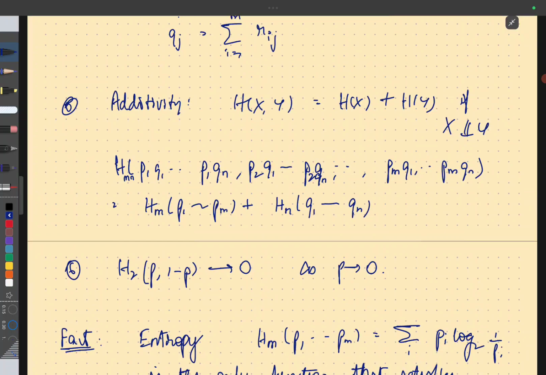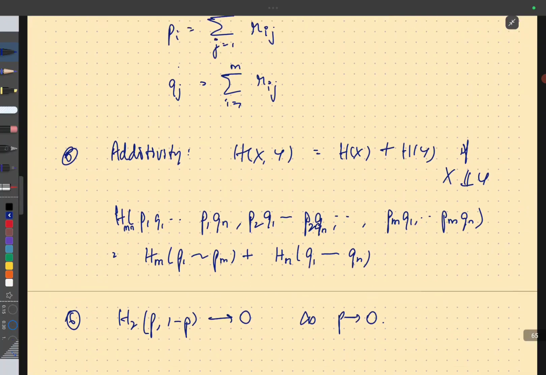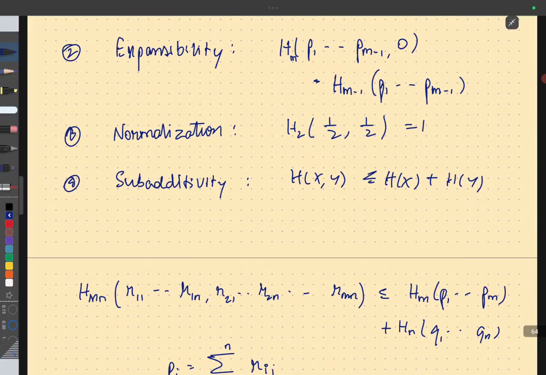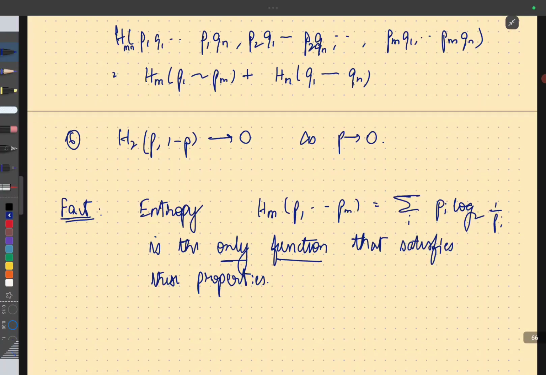Particularly, it starts with continuity, and then show that any function that satisfies these should satisfy some properties that summation pi log pi should satisfy, and therefore that's the only function. It's not something that's very easy.